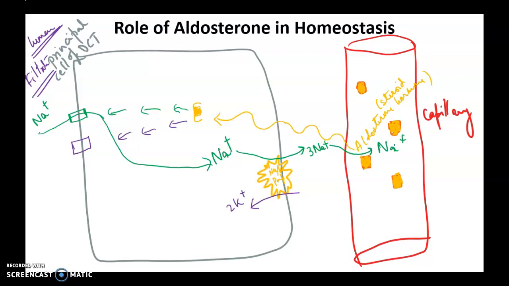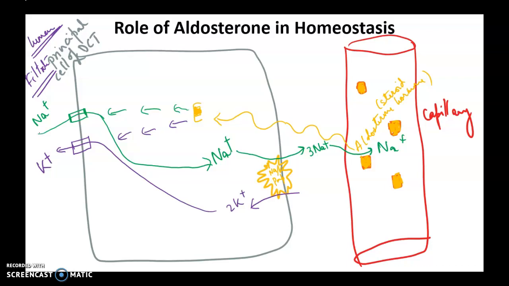Now, another thing that I want you to notice is that potassium is coming in, and these potassium molecules will then leak out via these channels. Therefore, aldosterone mainly causes sodium to be reabsorbed from the lumen, and ultimately the sodium gets pumped into the capillary by the sodium potassium pump.